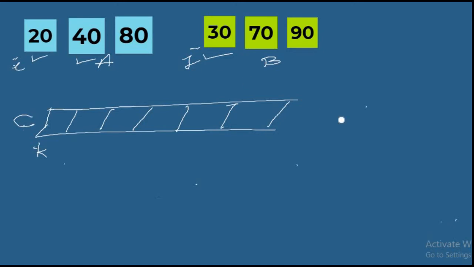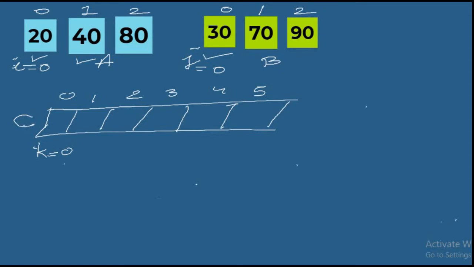Now we are going to go one by one. I will write these indexes: i equal to 0, j equal to 0, k equal to 0. This array also has indices 0, 1, 2, and C has 0, 1, 2, 3, 4 and 5.